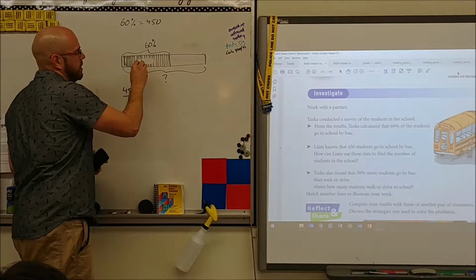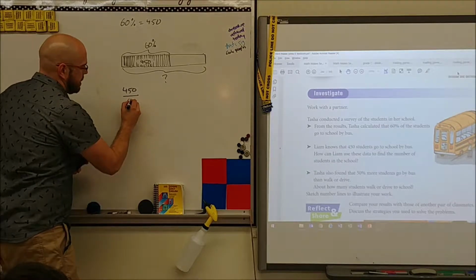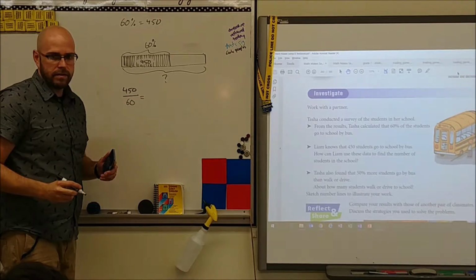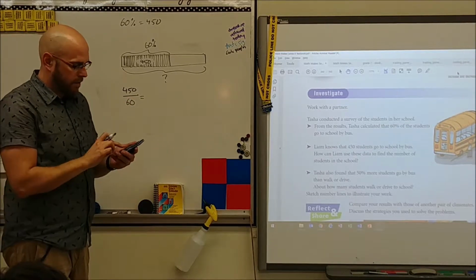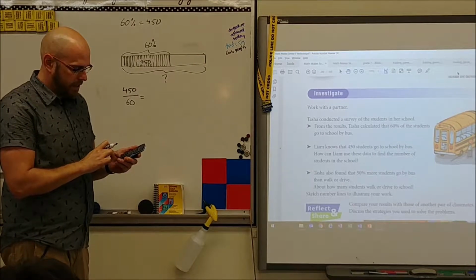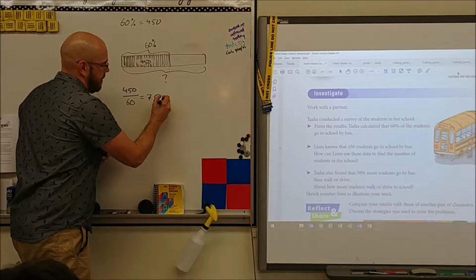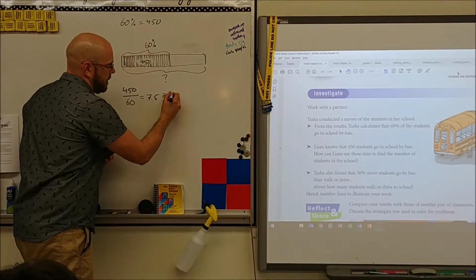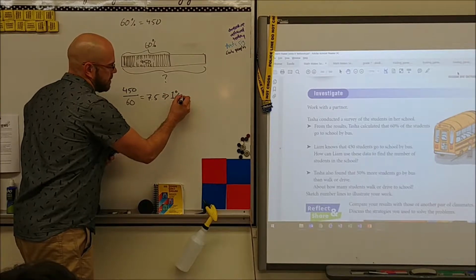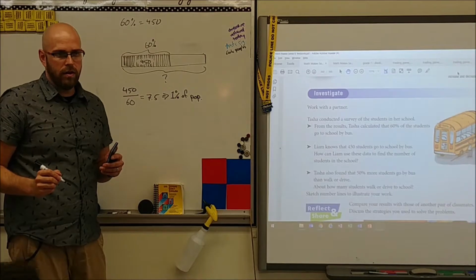Now, we know that this is 450. So I'm going to cut it into 60 pieces. 450 divided into 60 pieces is 7.5. That means 7.5 equals 1% of the population of the school.